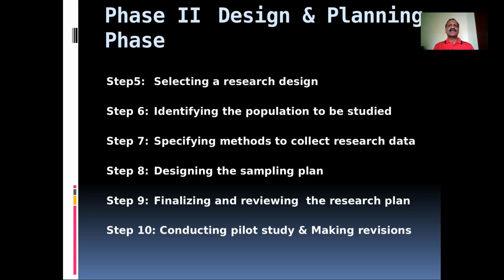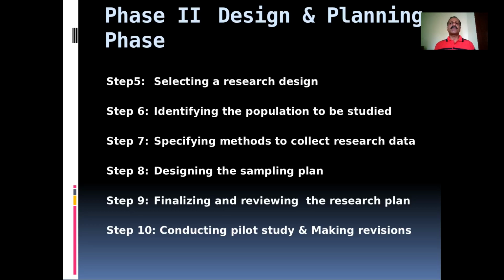Once we select the samples scientifically from the population, we can generalize our findings to the whole population, even though we are doing the study only in samples, because we are scientifically selecting the samples. There are many scientific methods for selecting samples. This we call sampling.